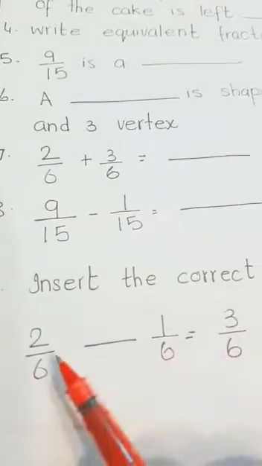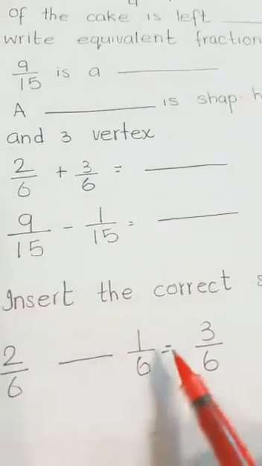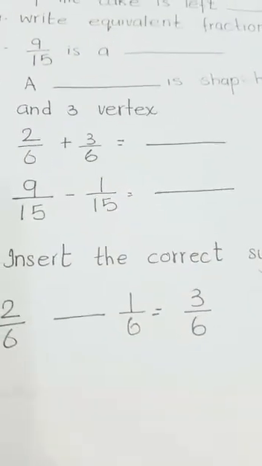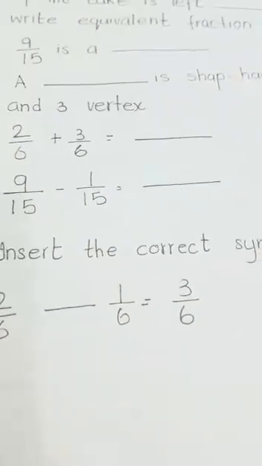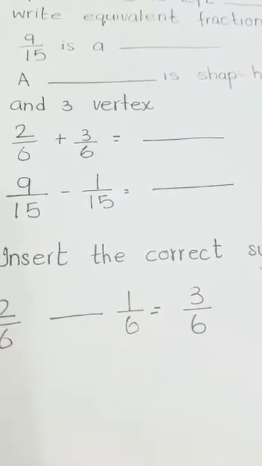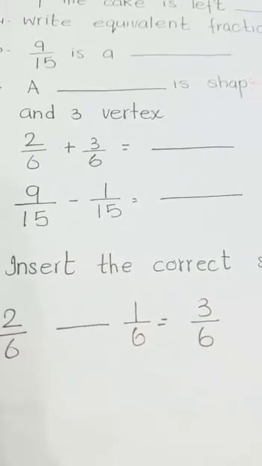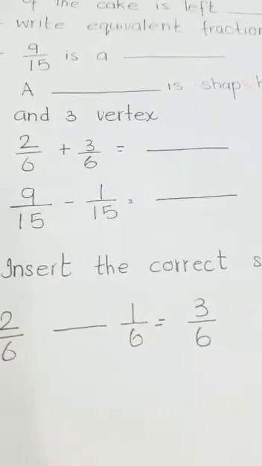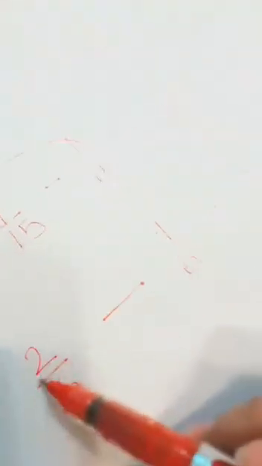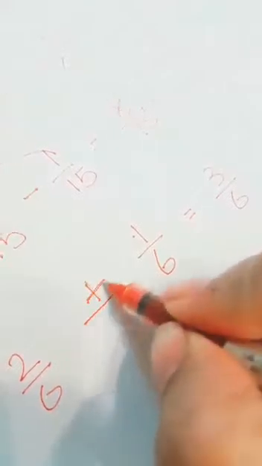We are doing number operations now. 1/6. Okay. 1/6 is equal to, they have given us the answer. So how do we get 3? Obviously, 2 plus 1 is equal to 3/6. It was very easy. It is solved very easily.